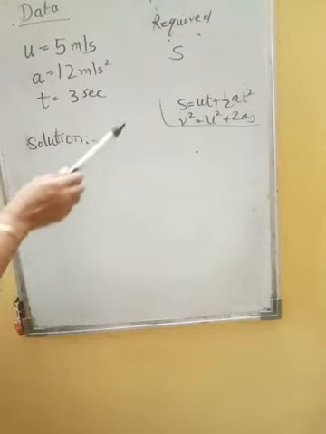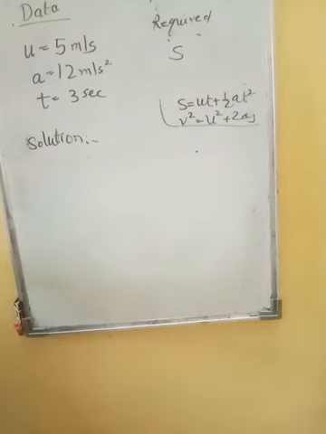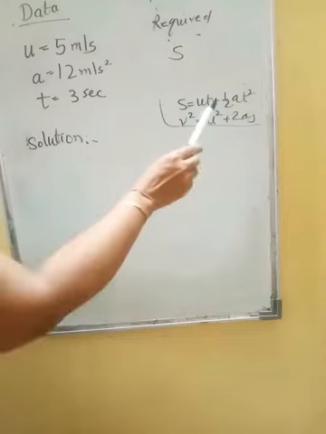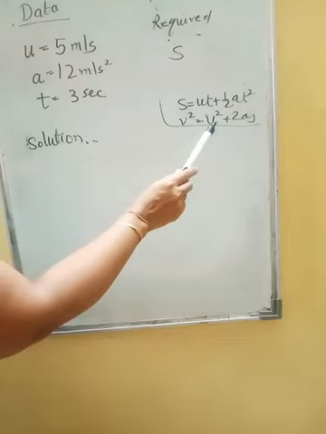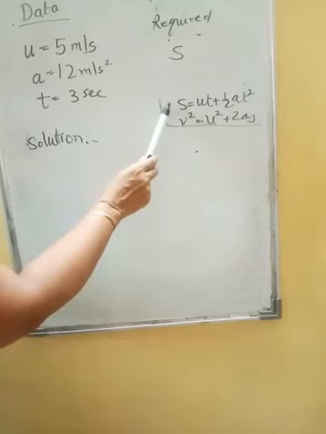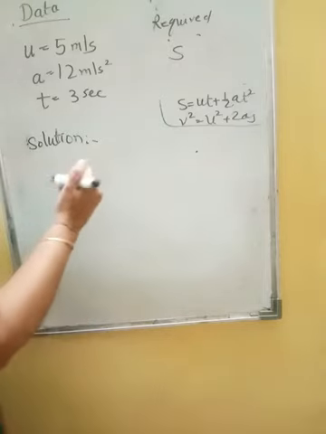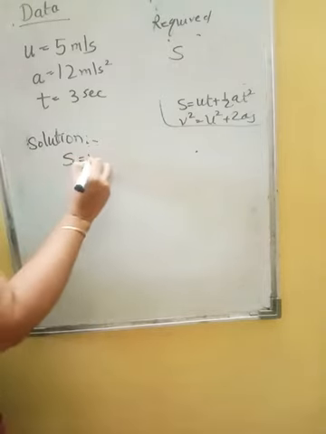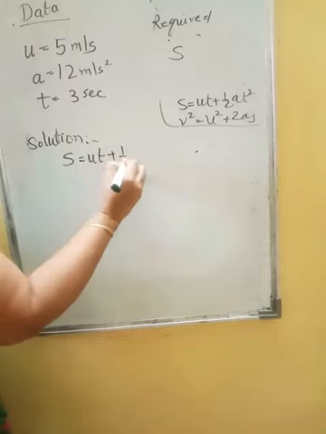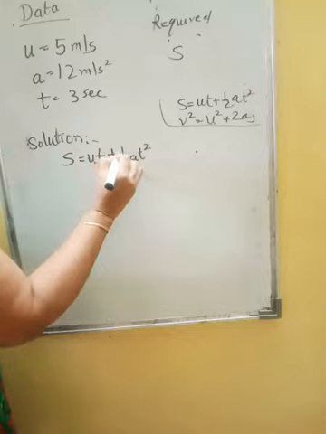So I have to choose out of these because this contains S and this contains S. Now children, this is dependent on T and this is independent of T. We are having T, so obviously we are going to use this particular equation. So we have taken a decision that we are going to use S is equal to UT plus half AT square.